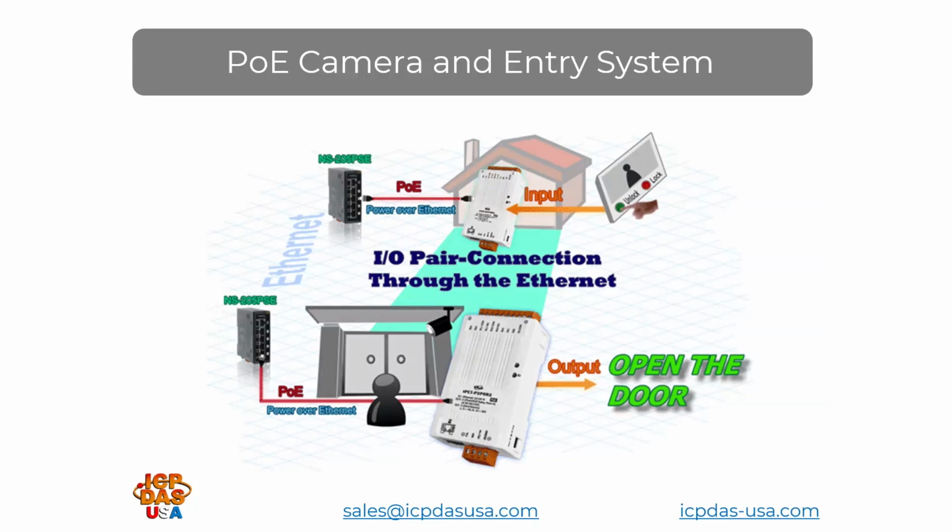And when someone presses the button, it sends the input to the main home or the operator interface. From there, it shows on the camera an image of who's at the door, and then someone within the building or facility can remotely unlock the door to allow the person to enter.